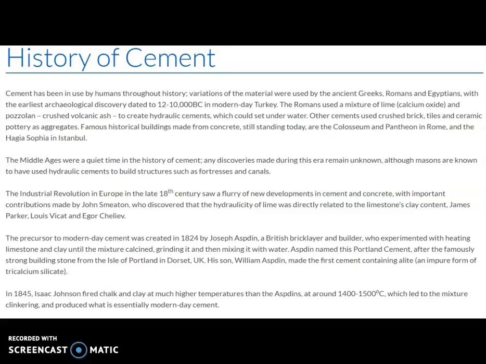Now coming to history of cement, cement has been used since probably 12 to 10,000 BC. Okay, and now that cement and what we see today is not exactly same. But cement, meaning of cement is basically something that binds the two building blocks. So that time cement was essentially lime.